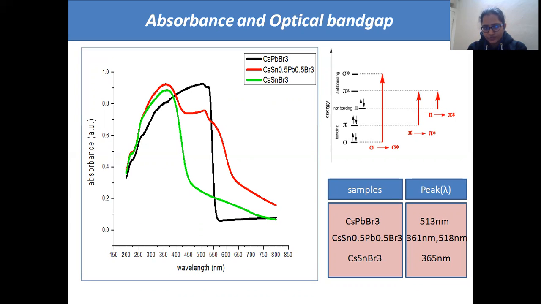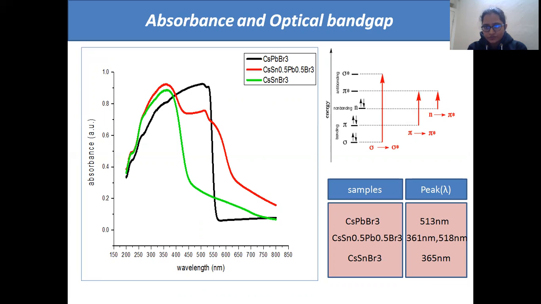Only two peaks were observed in the plots of CsSnBr3 and CsPbBr3. The peak in CsPbBr3 is obtained at 365 nanometer, and the peak for CsSnBr3 is obtained at 530 nanometer.